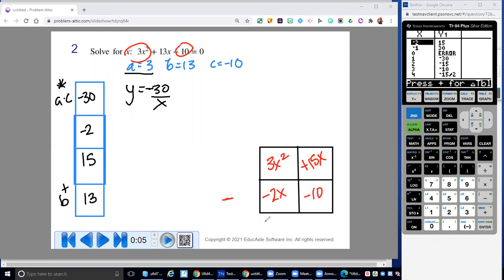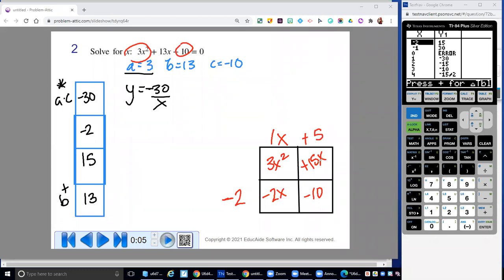They also have a, what can I divide both 2 and 10 by? 2. Do they both have an x? No, so it's just negative 2. So if I have a negative 2 here, that means I'm going to have a 1x. Good. If I have negative 2 here, and I have a 10 here, that means positive 5.